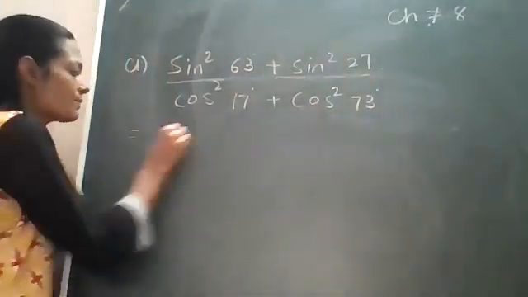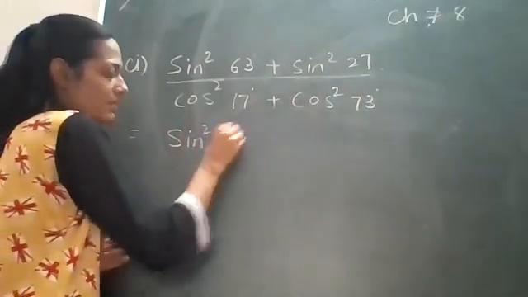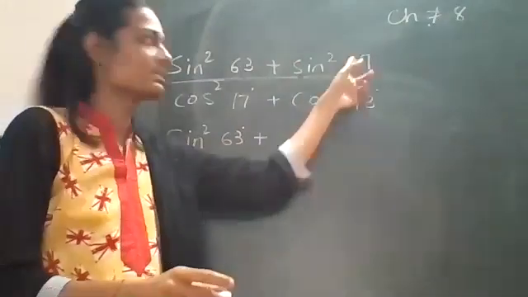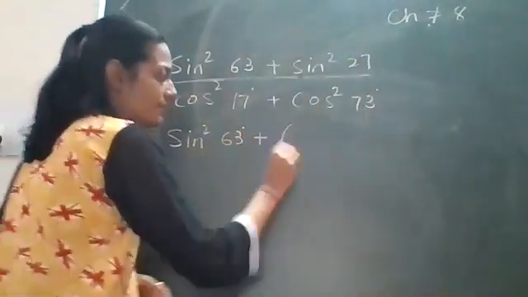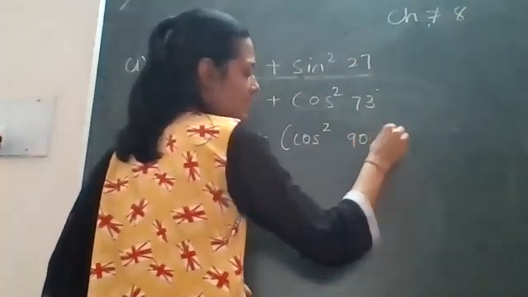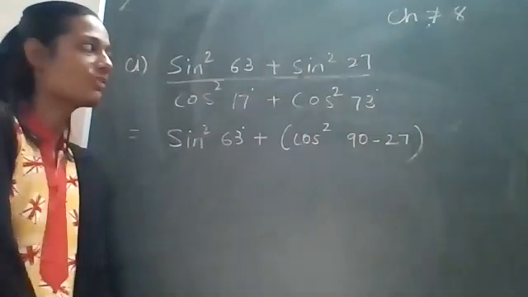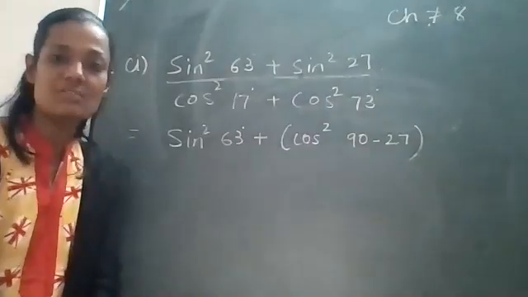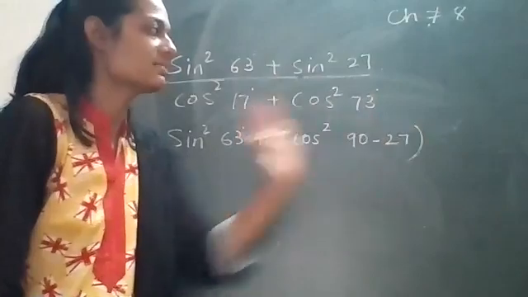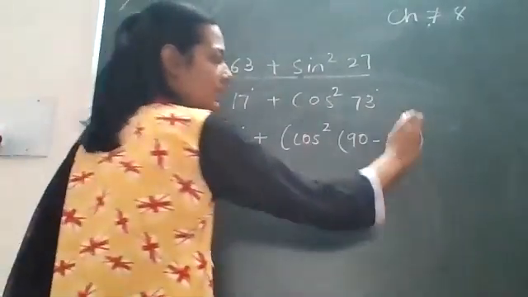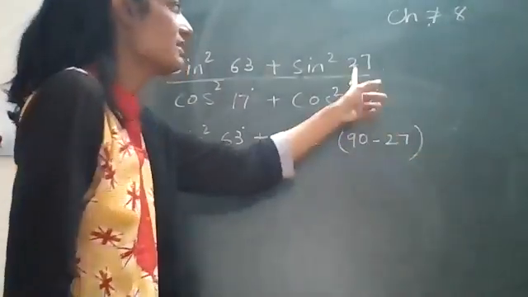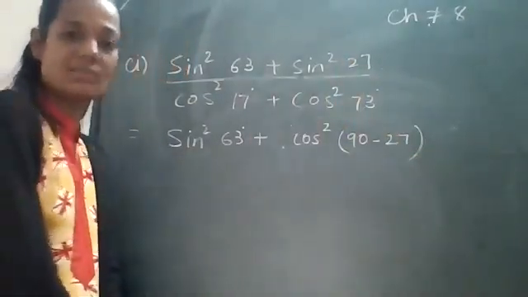So we will write sin square 63 as it is, plus instead of sin square 27, we can write cos square 90 minus 27. Cos square will remain the same, only instead of theta we are writing 90 minus theta. So cos square 90 minus 27 is sin square 27.